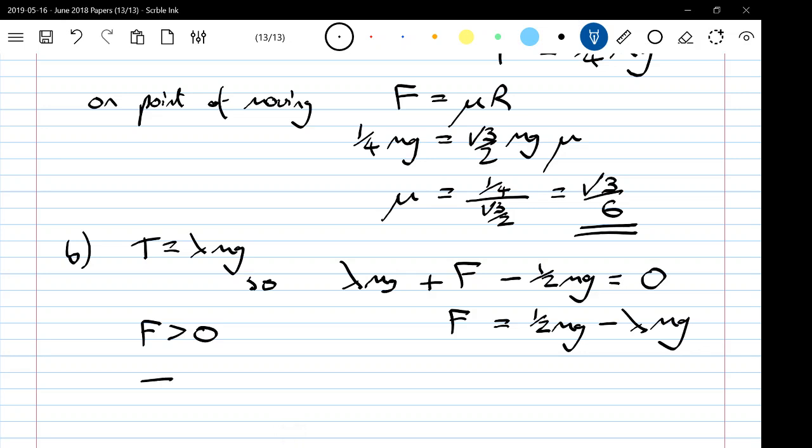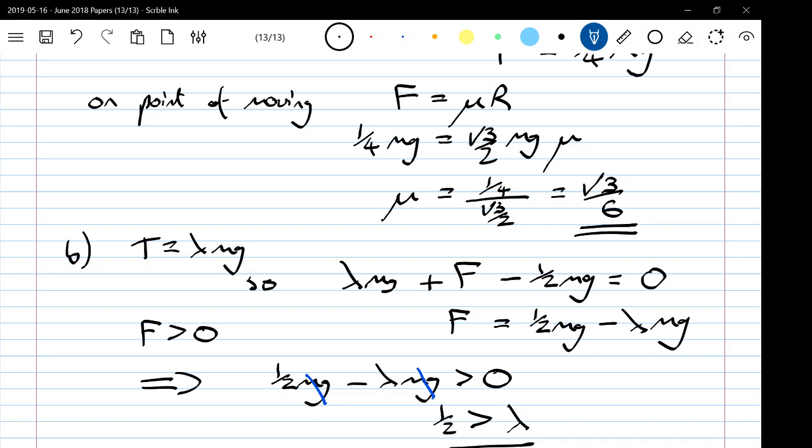So if F is greater than 0, that implies that half mg minus lambda mg has to be greater than 0. And if I rearrange that, mg cancels out all the way through. So lambda has to be less than a half.